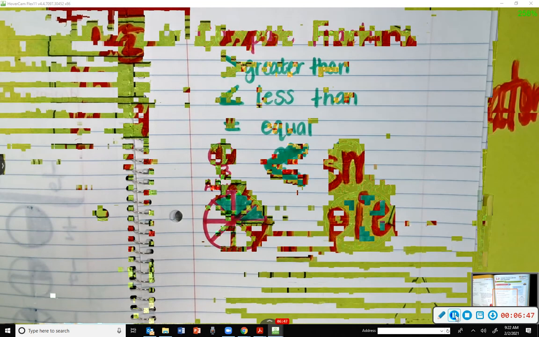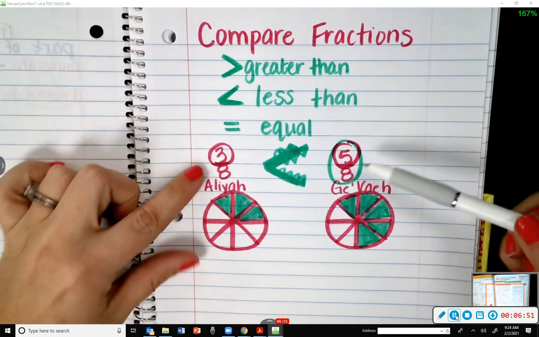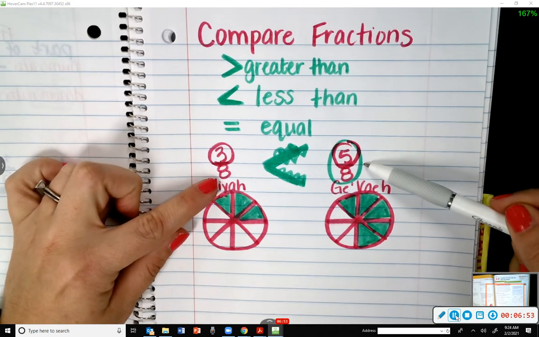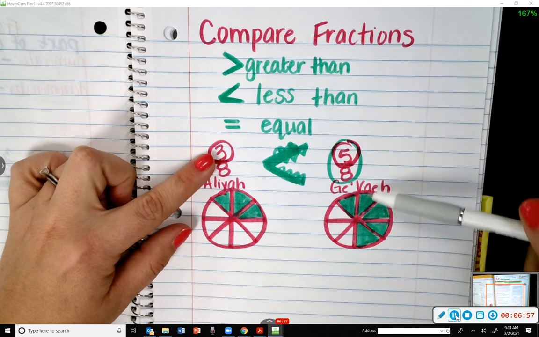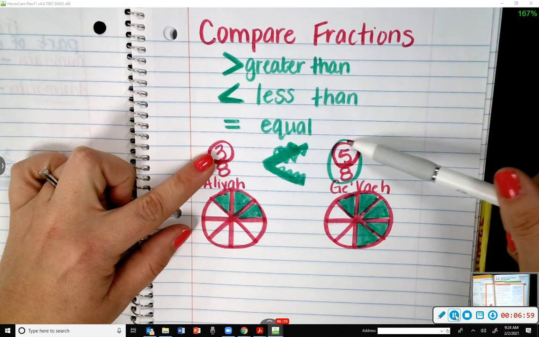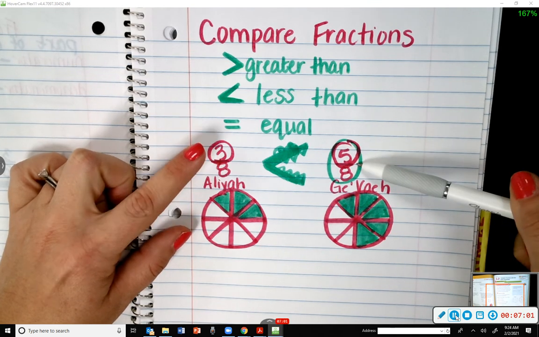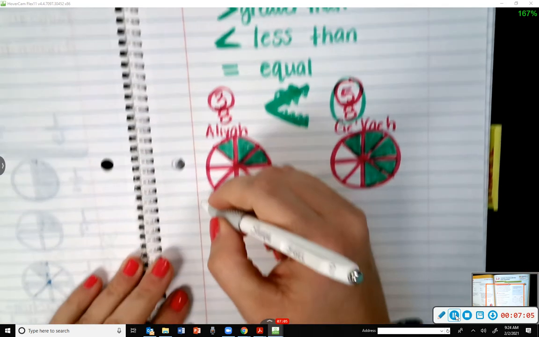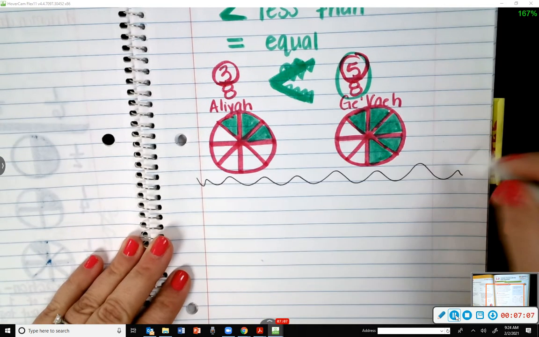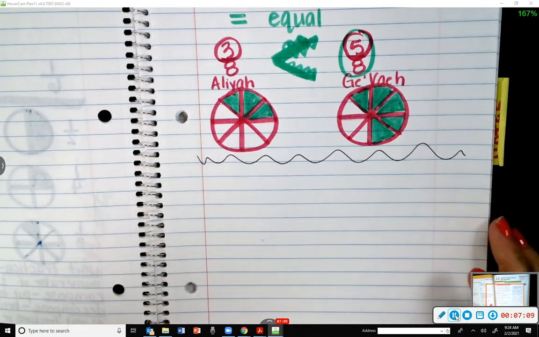Okay, so this is where we left off yesterday in our notes. We said to compare fractions where the denominators are the same, all you needed to do was look at the numerator. Javea ate more because she had 5 on the top and Aaliyah only had 3. Okay? So I want you to kind of draw a line underneath that, and we're going to start a new part to our notes.